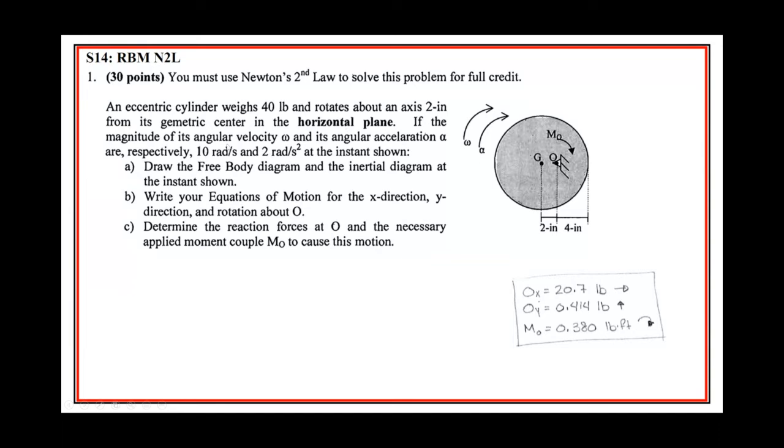If the magnitude of the angular velocity, omega, and its angular acceleration, alpha, are respectively 10 radians per second and 2 radians per second squared at the instant shown, draw the free body diagram and inertial diagram at the instant shown, write the equations of motion, and that's the right phraseology for Newton's second law equations, for the x direction and y direction, and determine the reaction forces at O.